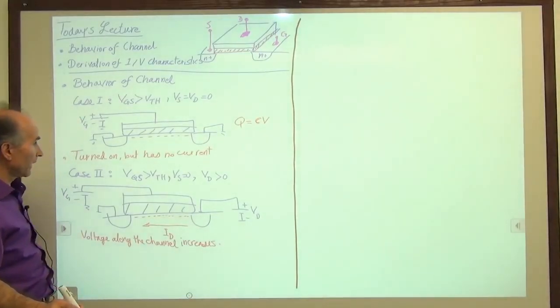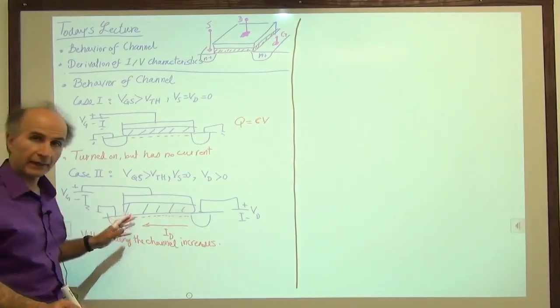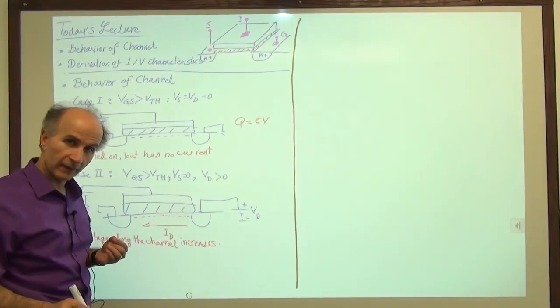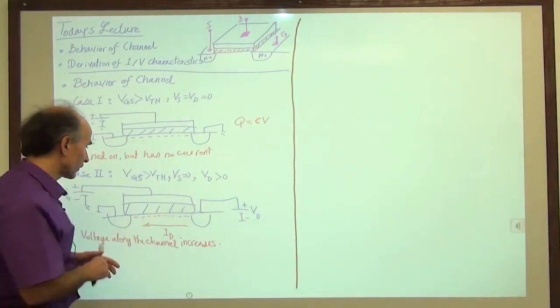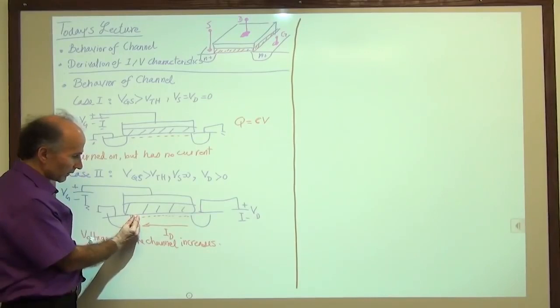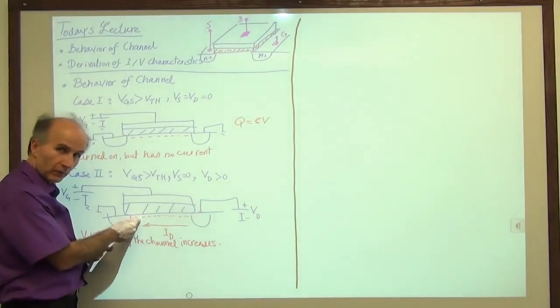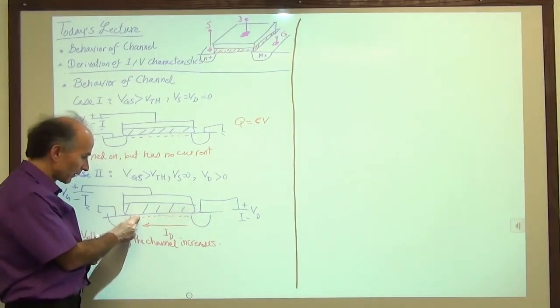Now, let's go back to this notion of electron density. We would like to see now what happens to electron density at different points. So if I go and sit over here, take a little length here, and measure how many electrons I have per unit length or unit width, how many electrons do I get?